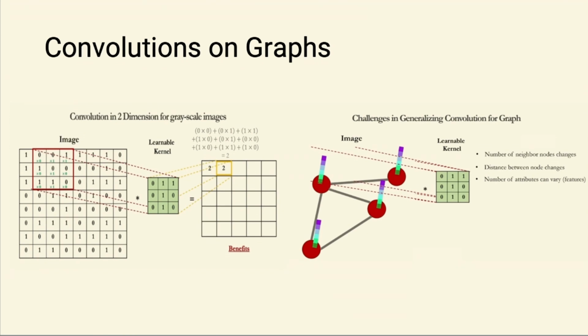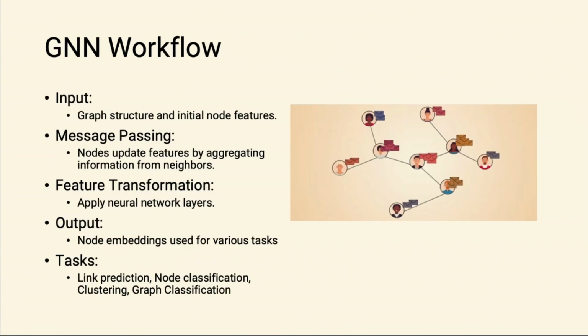So you cannot necessarily take something of this sort and swipe over a graph and intuitively be able to get any convolutions out of it. So with these challenges, what got introduced was an algorithm called message passing, which I'll be covering in this slide.